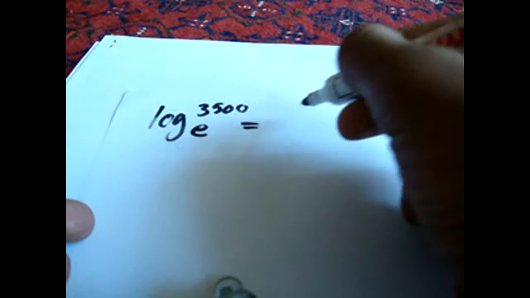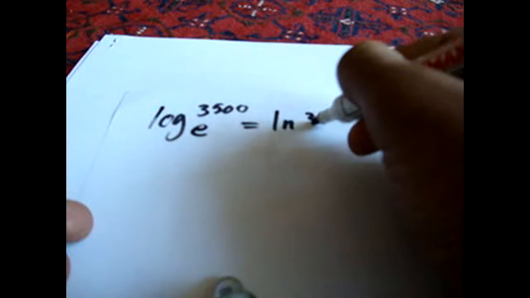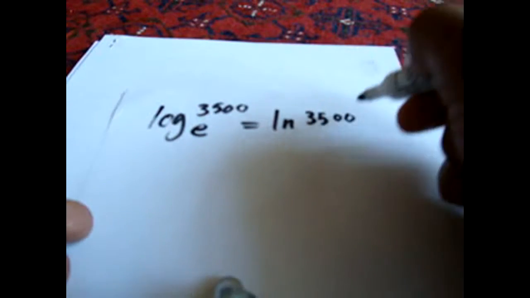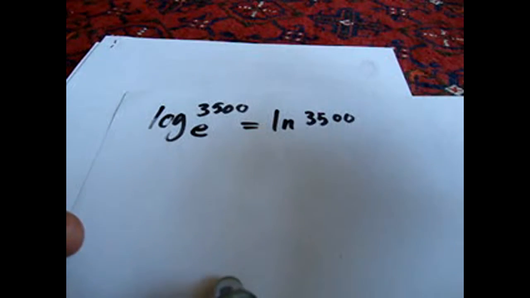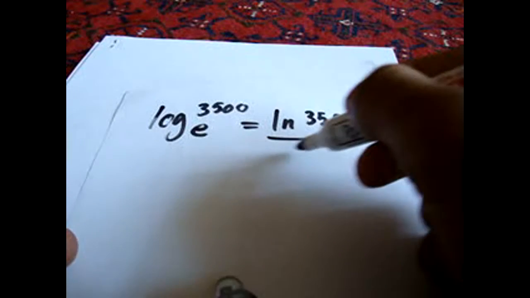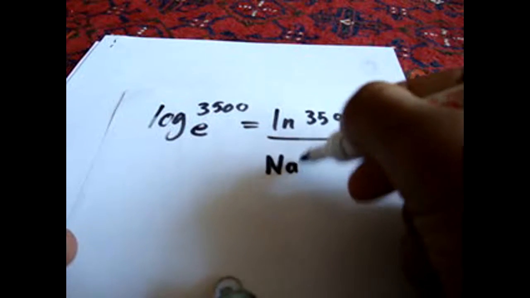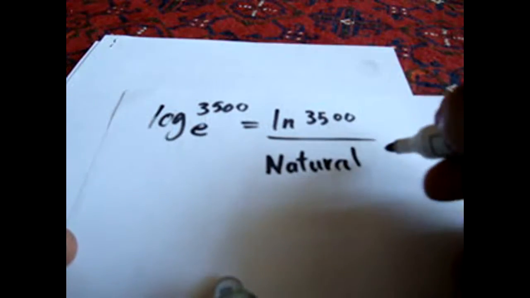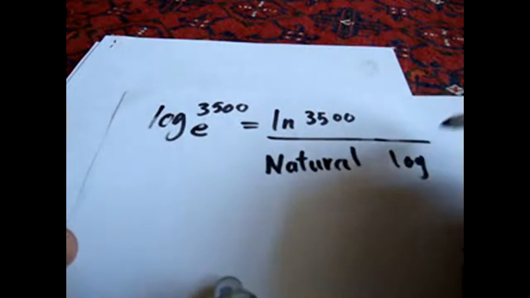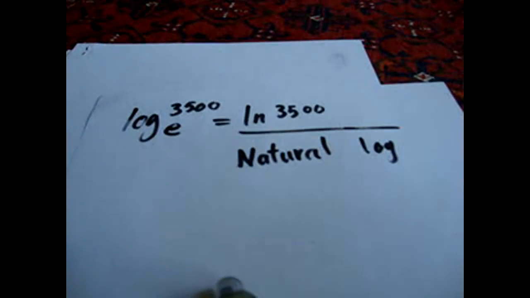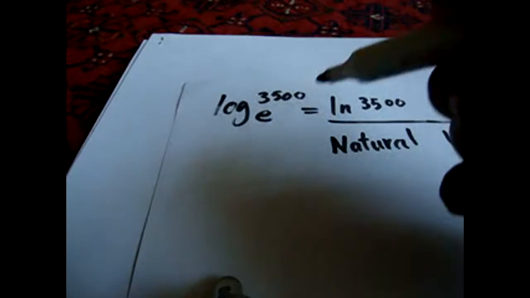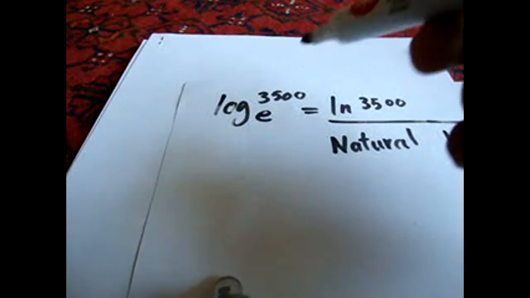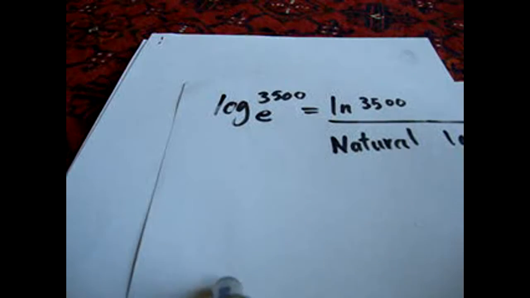We can simply write it ln of 3,500. This type of log is called natural log. I don't know why people call it natural log, but it's simply called natural log. So whenever you see a logarithm which has the e number in its base, it's simply a natural log.